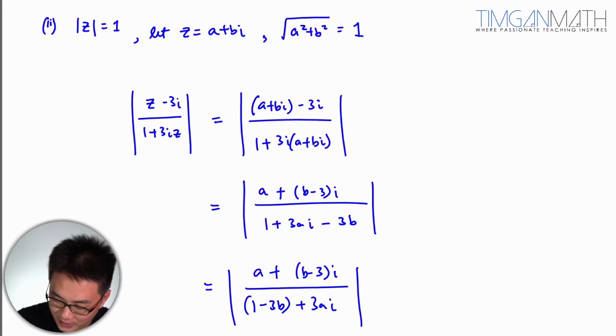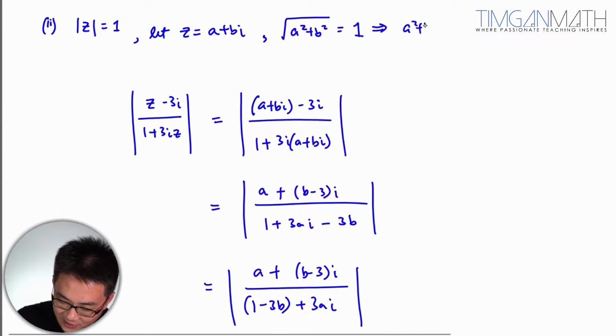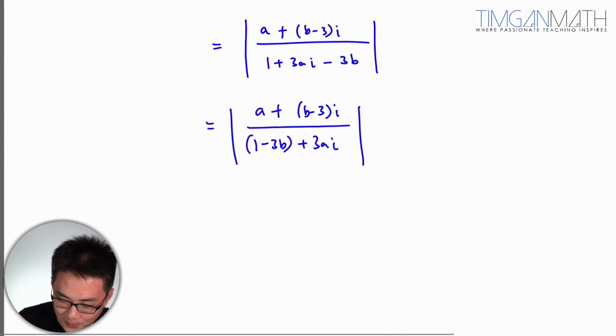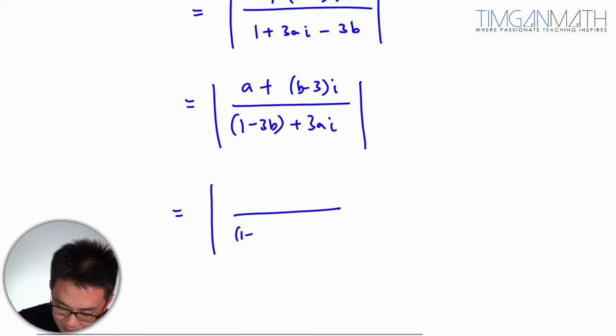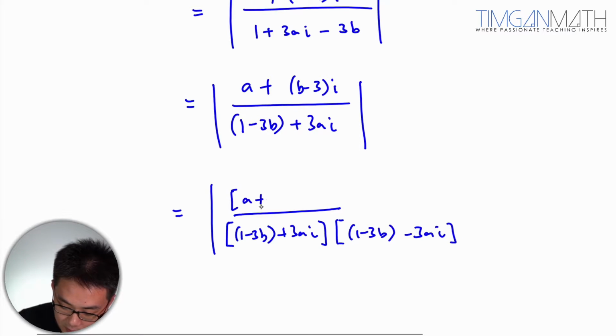Once this is done, we are going to expand this. We have a square plus b square equals 1 square. So we just try. This is 1 minus 3b plus 3ai, and basically what we're going to do is multiply by the conjugate, 1 minus 3b minus 3ai. Just be very mindful of the manipulation here.